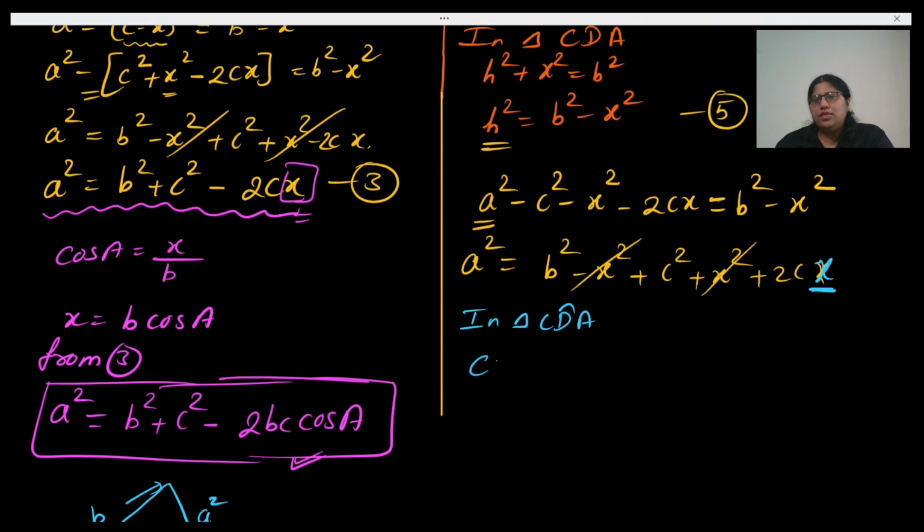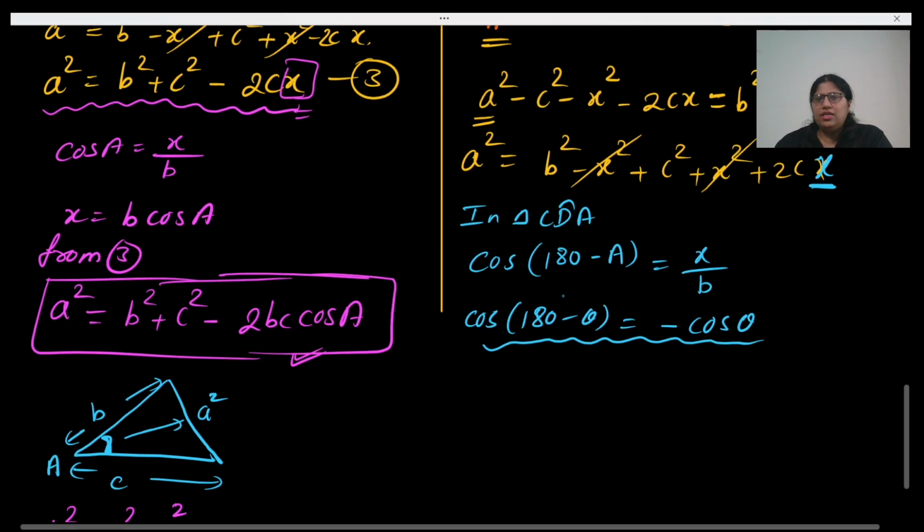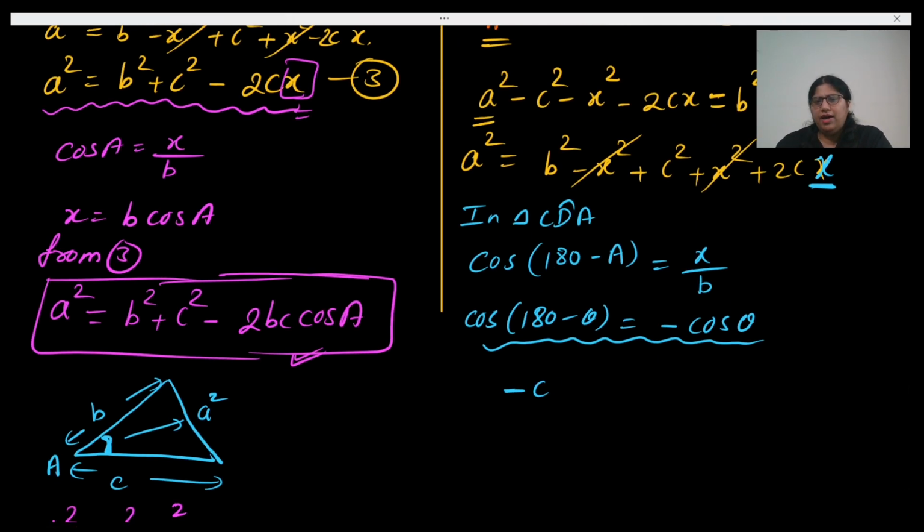It will be cos(180 minus A), which is equal to x by b. Now you have to know that whenever there is cos(180 minus theta), that will always be minus cos theta. Okay, so this is the rule you have to remember. Complementary angles, supplementary angles rule will be there. So then in this place I can write minus cos A, because angle A is theta.